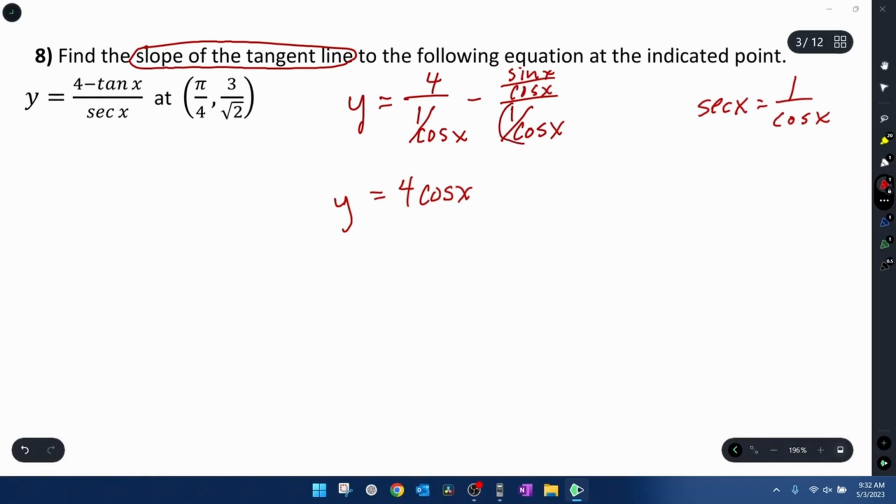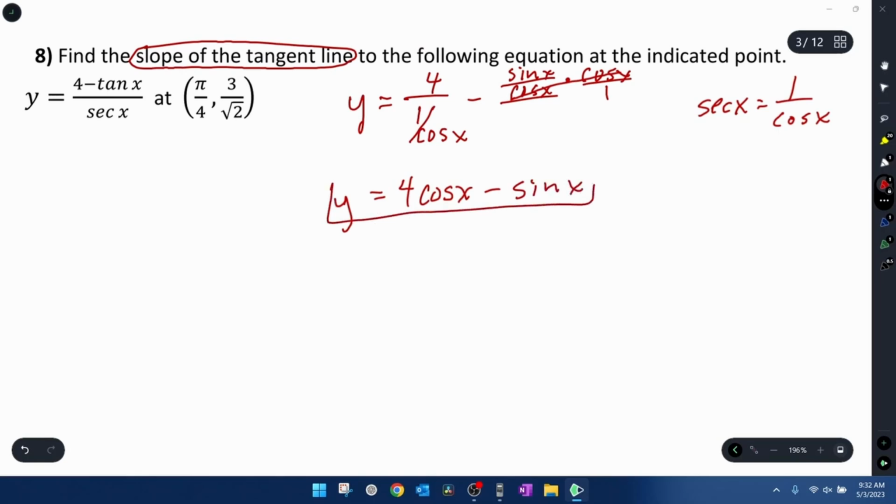If I multiply by the reciprocal of 1 over cosine x, then that's going to give me cosine x over 1. Notice what happens here to my cosines. And again, that simplifies really nice to just sine of x.